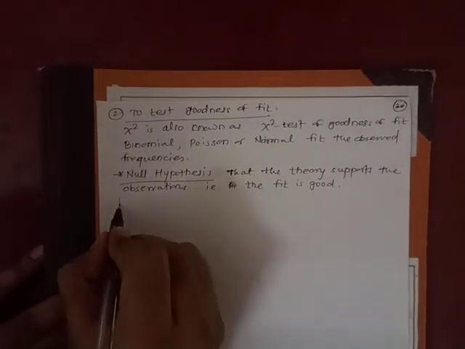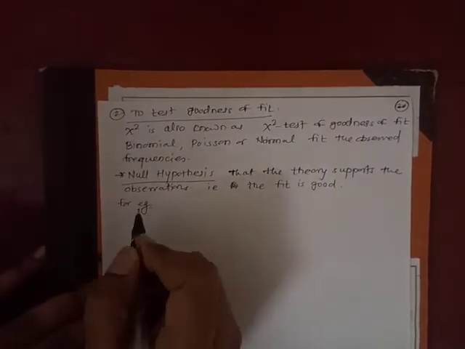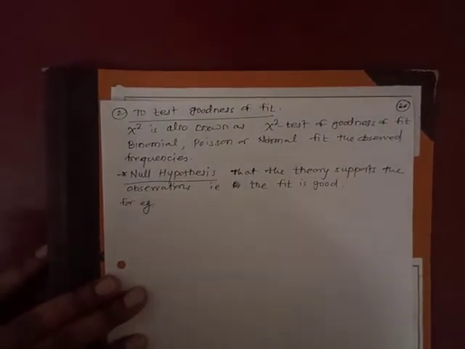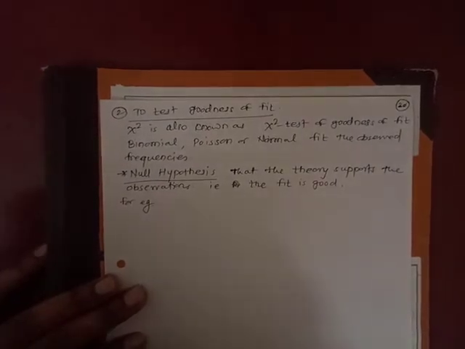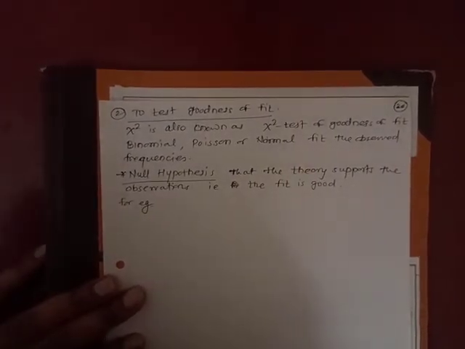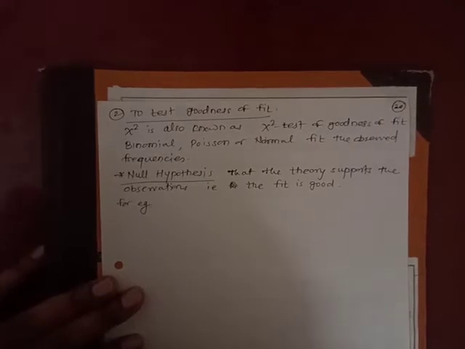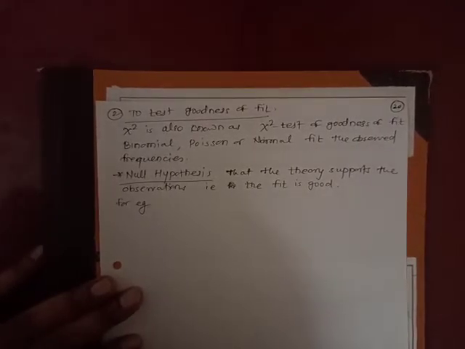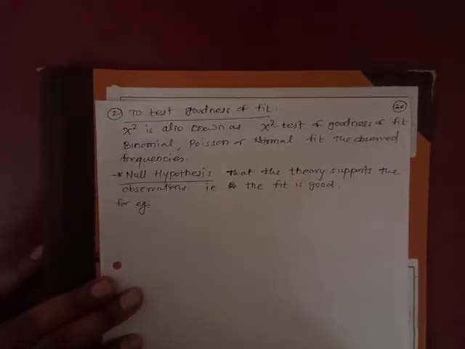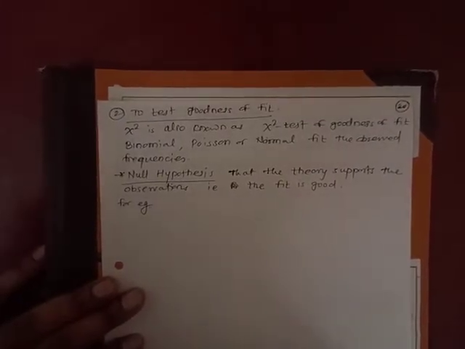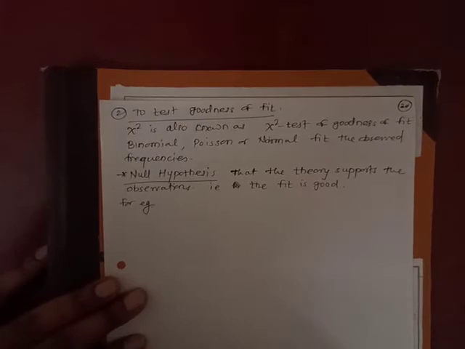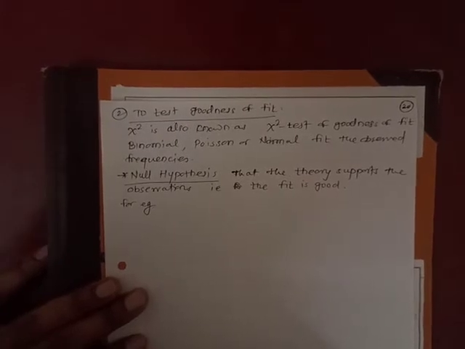For example, suppose we toss 3 fair coins 200 times and observe the frequencies of 0, 1, 2, 3 heads, right? So we can also calculate the expected frequency by using binomial distribution. Chi-square test can be used to ascertain whether binomial distribution fits well.